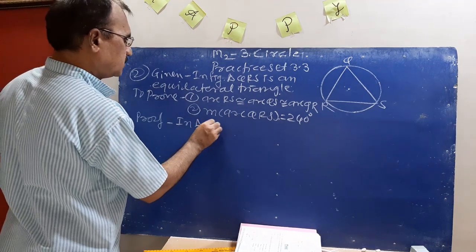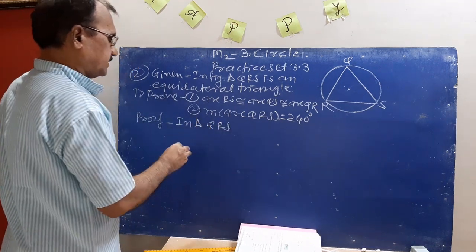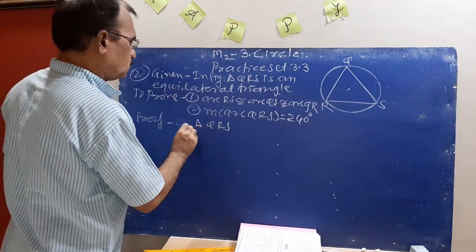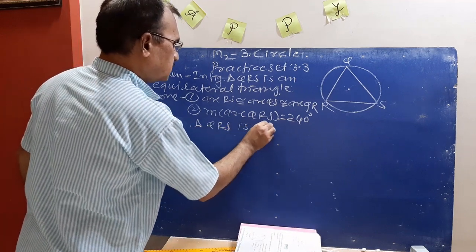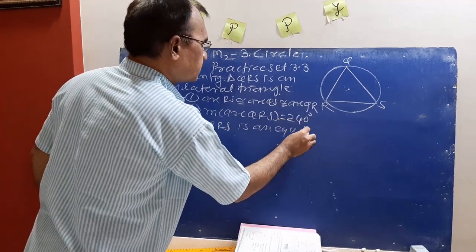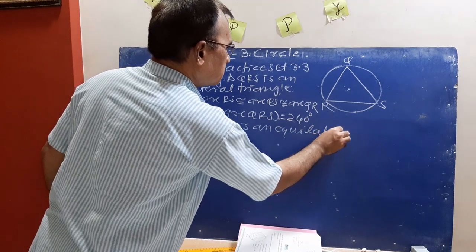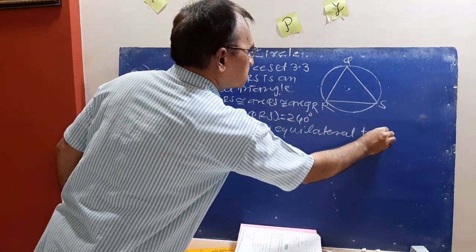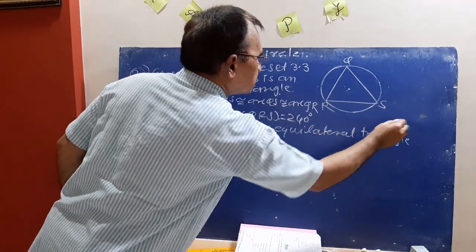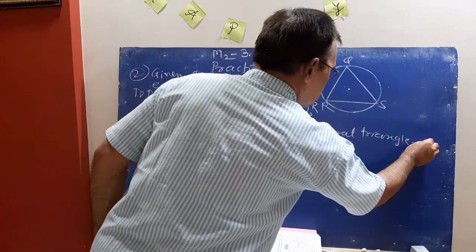In triangle QRS, the triangle QRS is an equilateral triangle. This is given.